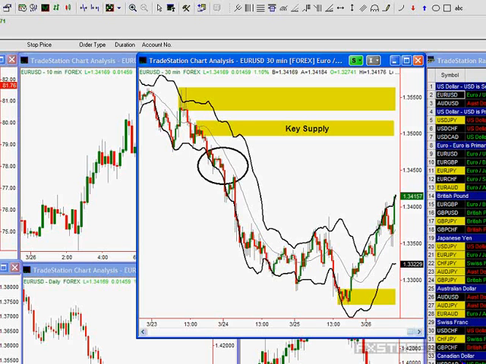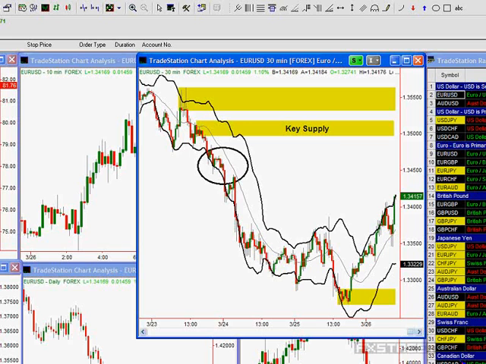Inside that circled area, we have a number of little demand levels, right? In other words, prices stuck around in those areas for a short period of time, and then you had a drop away from those areas. That suggests there's supply in there, right? That's why prices drop. So that area that I wrote key supply, the reason why I wrote that is because of what's just below it.